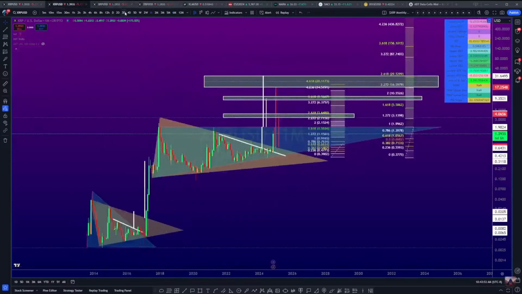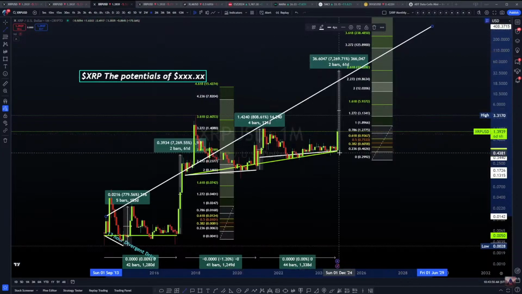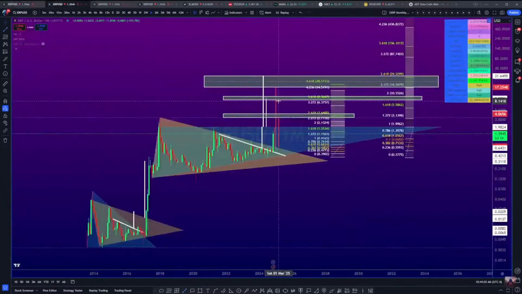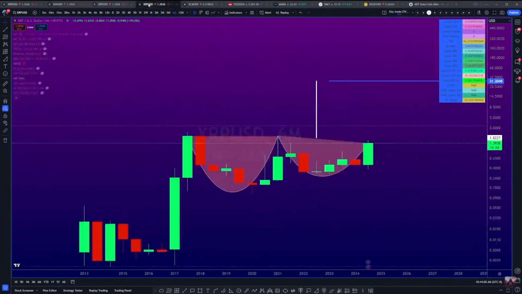I couldn't take why this 7,269 led to $37 and why this formation was leading to $31. And at the last minute, I found the cup and handle with a topside take profit at $31. I shat myself. Every single target was met to the absolute rhyme.